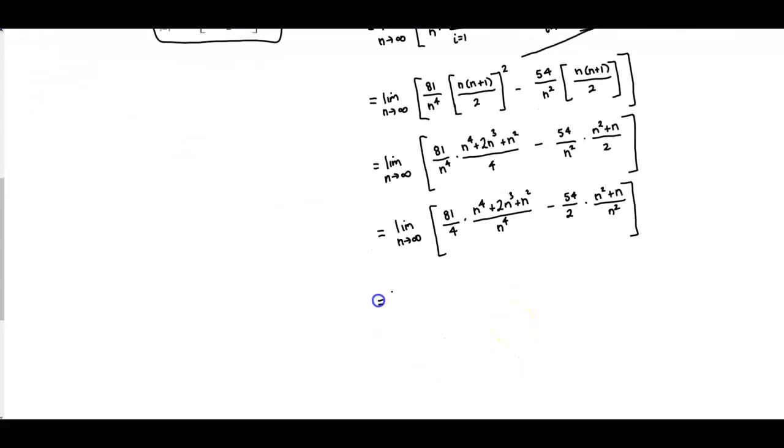Now if we simplify this a little further, we have 81 over 4 times n to the fourth over n to the fourth, which is 1, plus 2n cubed over n to the fourth, so that's plus 2 over n, plus 1 over n squared, minus 54 over 2, which gives us 27, times n squared over n squared, which is 1, plus 1 over n.